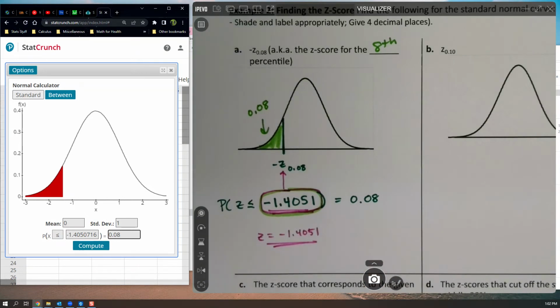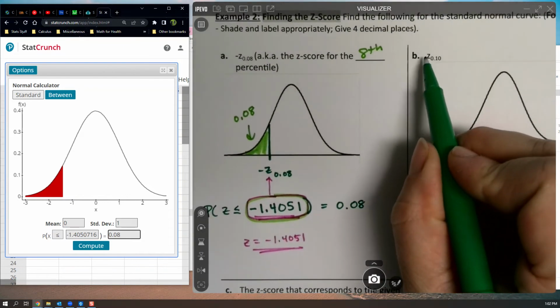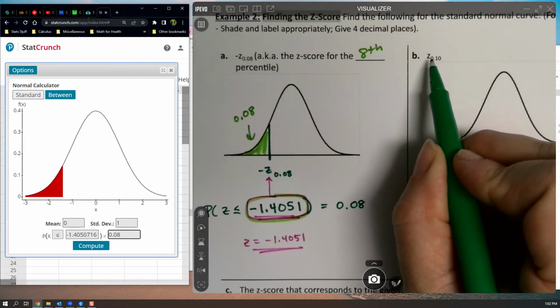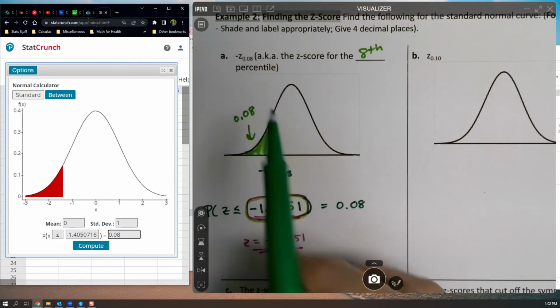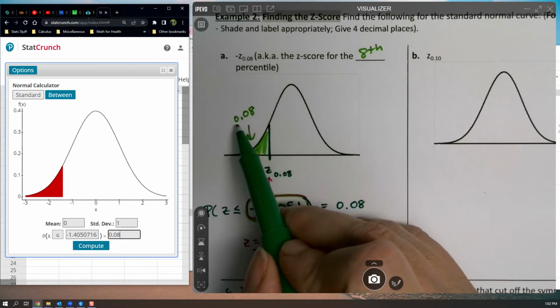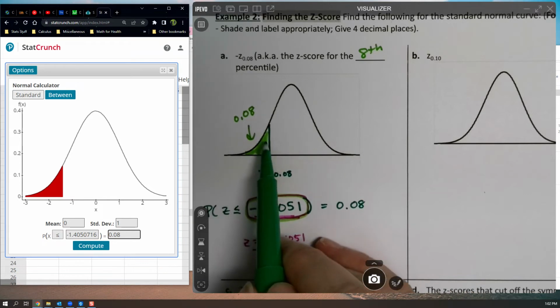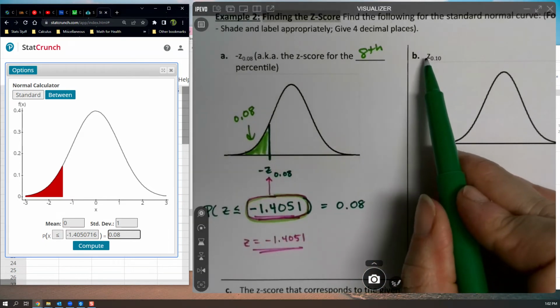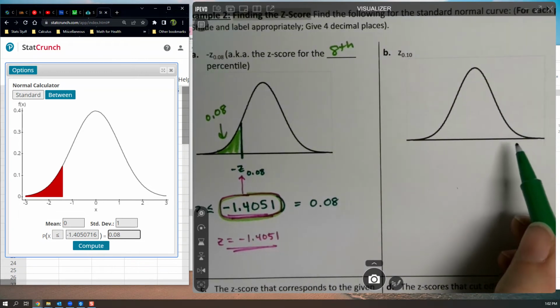All right, now what if I go the other direction? Z with a positive. See how it's positive z, right? So the area is always positive. That 0.08 is positive. It's not a negative. This is a probability. Probabilities can never be negative. So the area is positive. It's just coming from the left side. You start at the left tail and work your way in. When it's a positive z, you're going to start on the right side, the right tail, and work your way in.